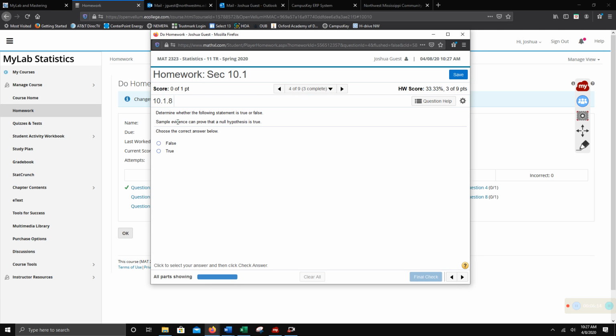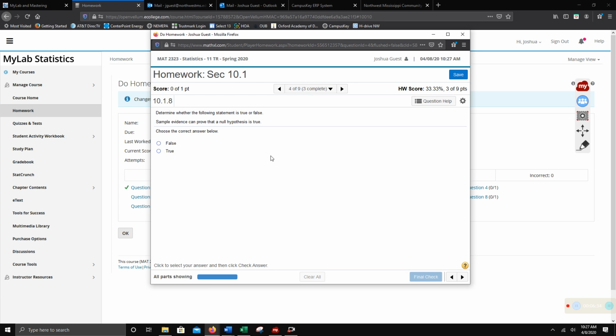All right, sample evidence can prove that a null hypothesis is true. So look, when we hypothesis test, we don't actually prove anything. We either find sufficient evidence to reject the null, or we don't find significant evidence to reject the null. Remember, we're trying to find evidence for the alternative.